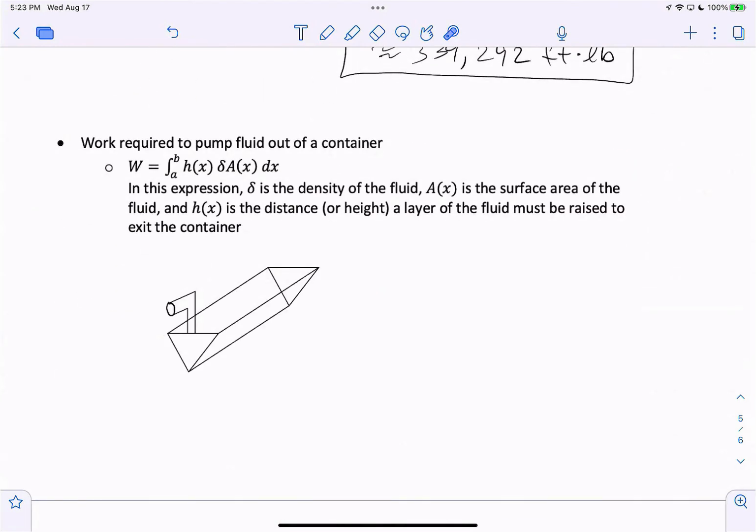We could have a tank whose sides aren't vertical, and therefore the area of a layer of water would be changing with the depth. We can have a spout so that we'd have to raise a layer of water some distance plus the distance of the spout. But all of that is wrapped up into this formula here. And that can make for challenging situations, but if you know what these pieces represent, the h of x and the A of x, then you should be in pretty good shape.